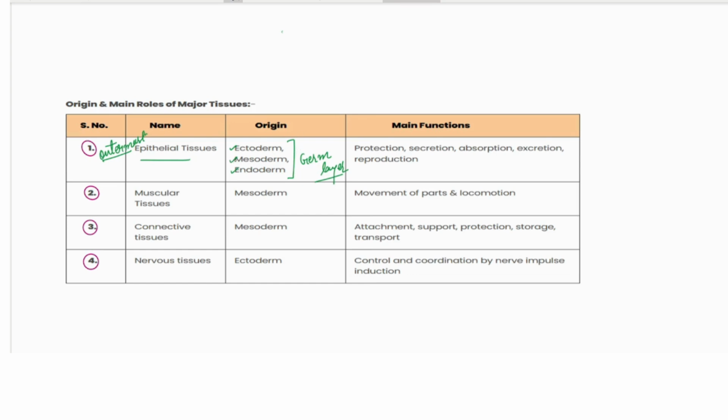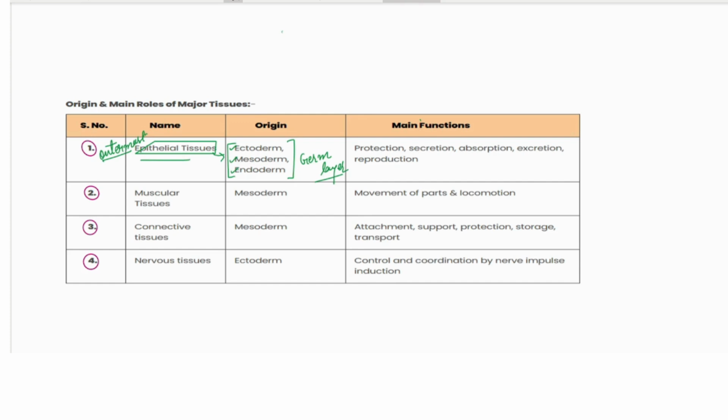That is a very important term, as it could be a question in the upcoming exam: epithelial tissue originates from ectoderm, mesoderm and endoderm.